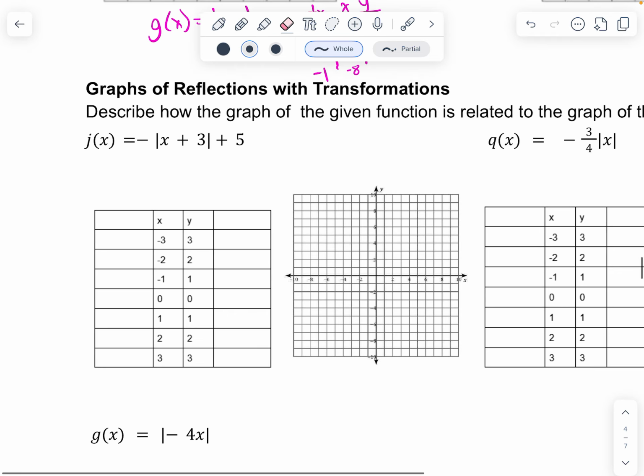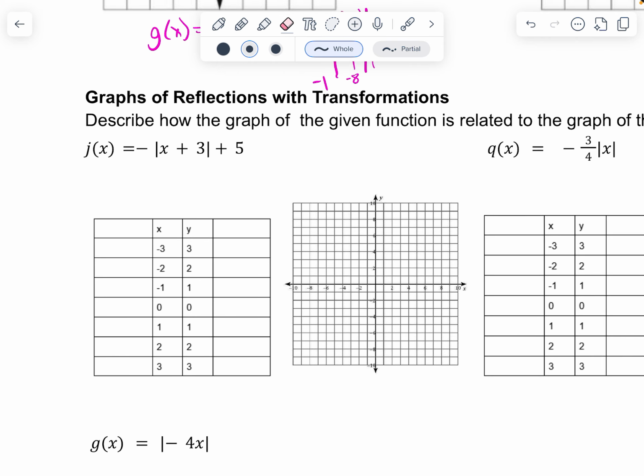Okay, so we now have graphs of reflections and transformations. So reflecting, remember, if it is on the outside, you're reflecting over the x-axis.